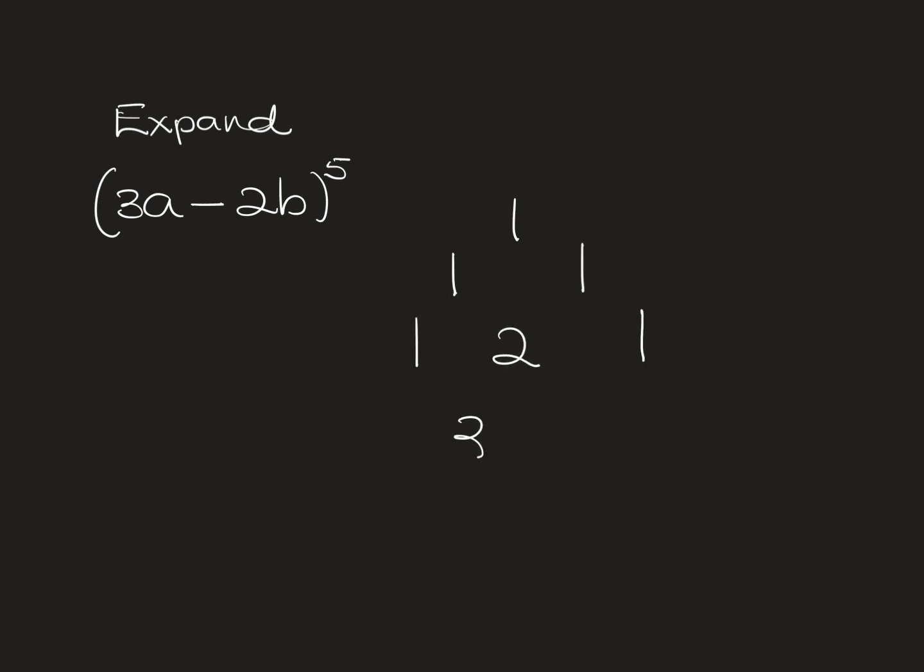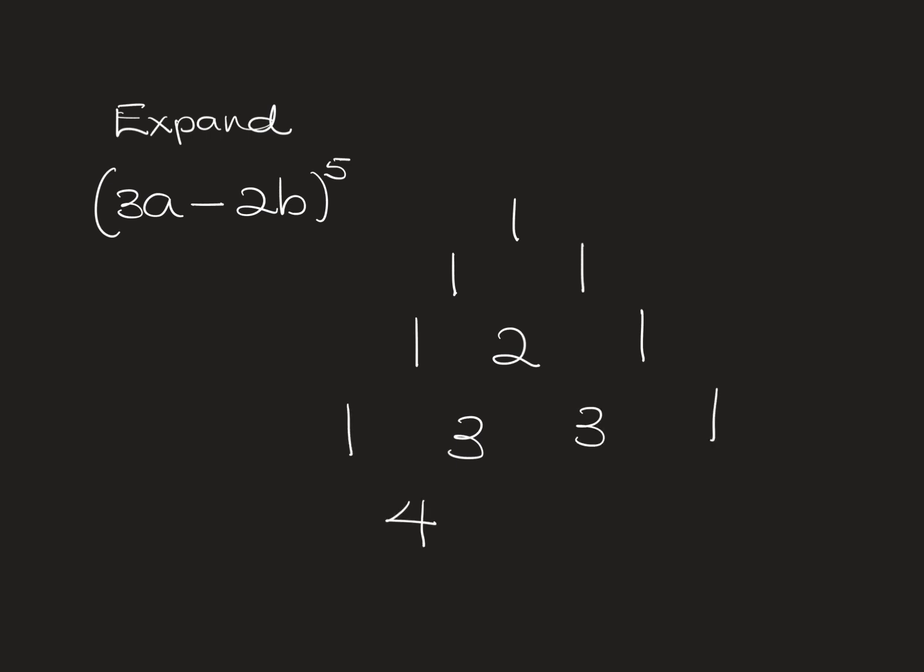Expand (3a minus 2b) to the power 5. So if we establish our Pascal's triangle, we'll have 1, 1, 1. This is 2, 1, 1. Then we have 3, 3, 1, 1.